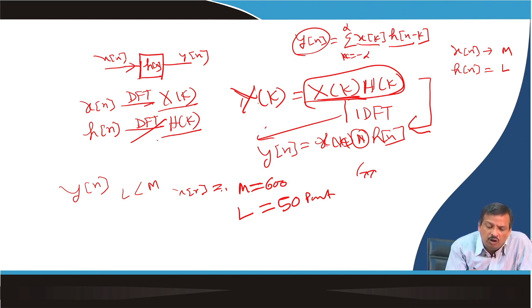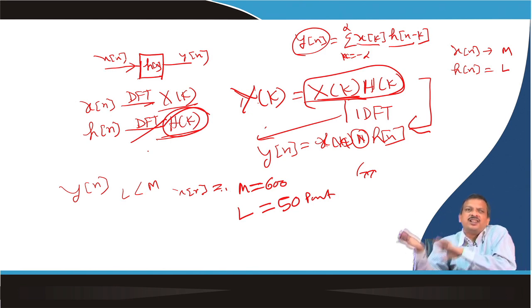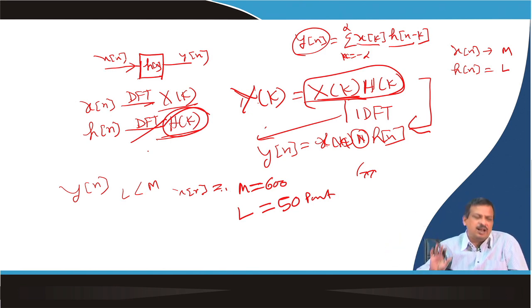So, I will zero pad and make it 600 and then calculate. I will come to that later, what should be the length of this convolution. You also think on it, what should be the length of the convolution of this thing. Okay.